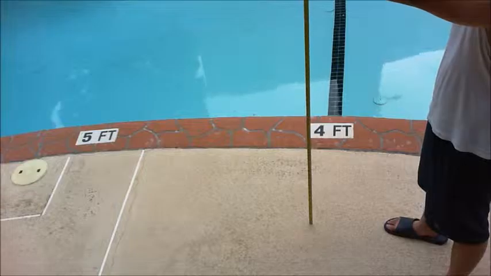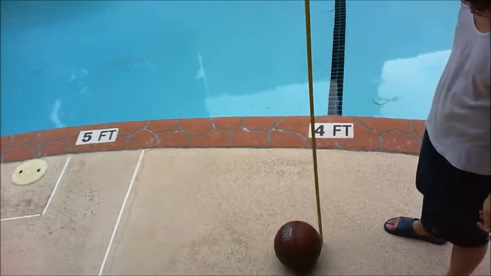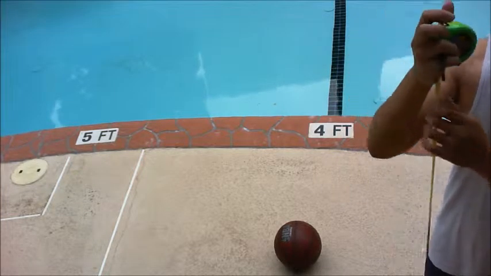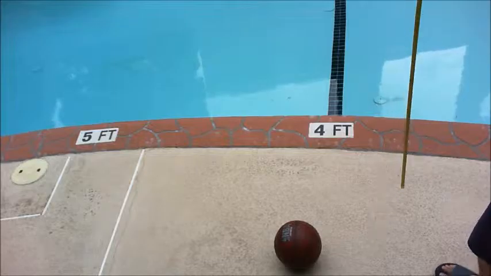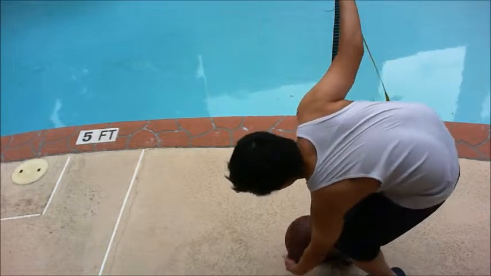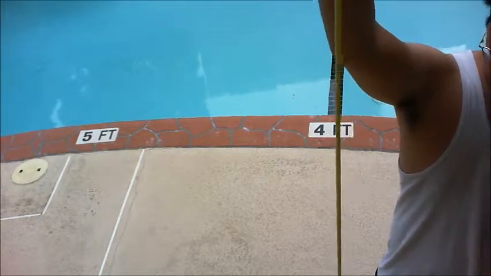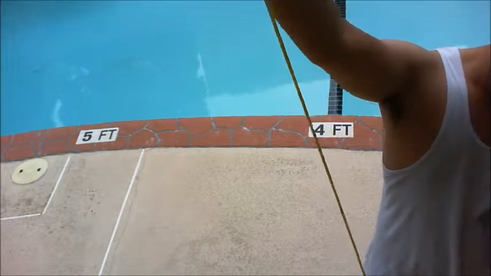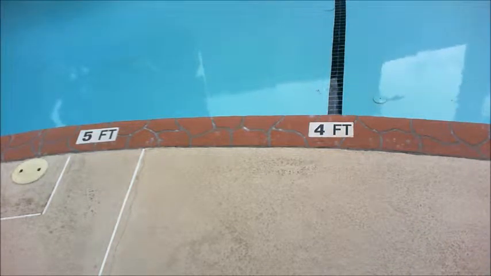Ready? 1, 2, 3. So it was at 2 feet when it rebounds. Let's do it again. It's fun. So 2 feet, which is approximately 61 meters.